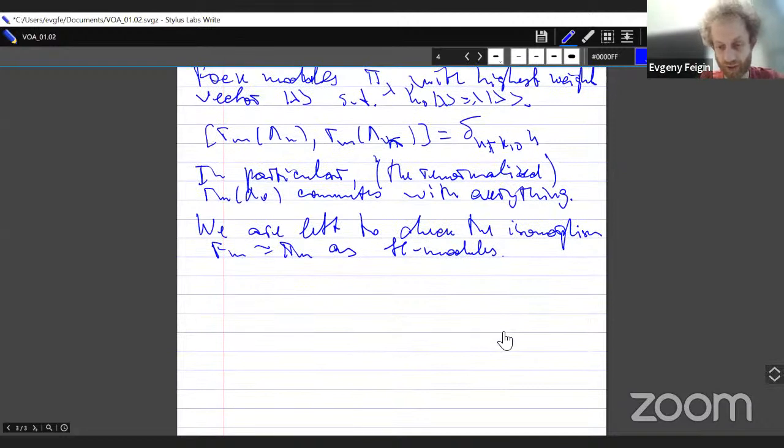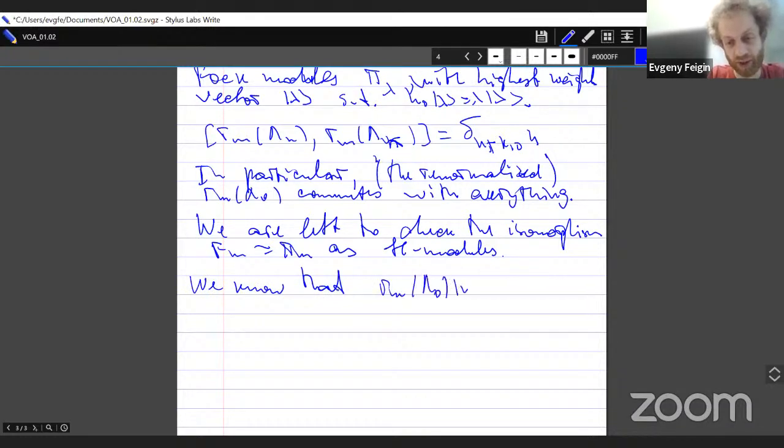So this is the goal, and actually we know this because we know that R_m of λ_0 applied to M is m times M, and we know that R_m of λ positive applied to M is 0.